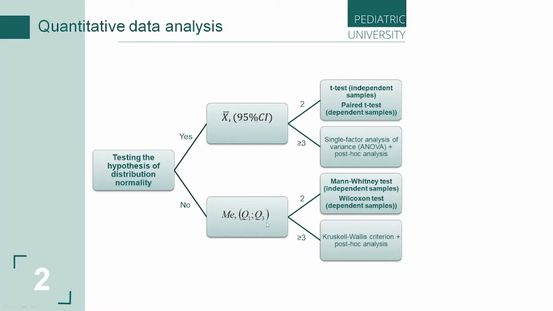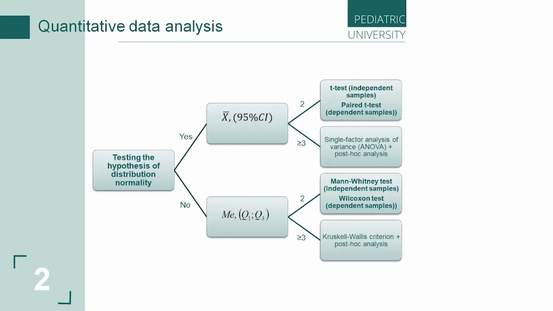And after that, we must see again how many samples, how many groups we have. After that, we compare our samples again. So, if we are comparing 2 groups, 2 samples, we first need to know whether these samples are dependent or independent.